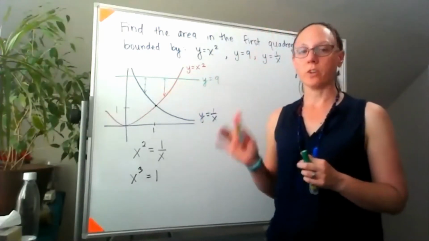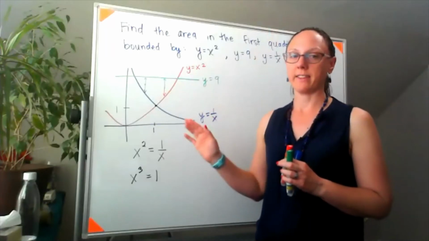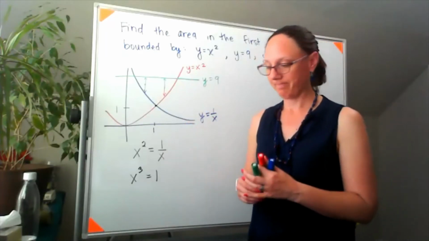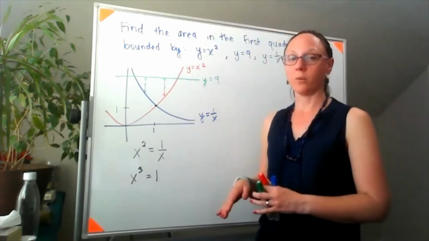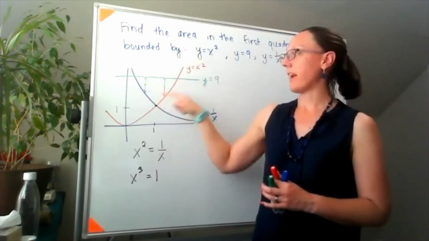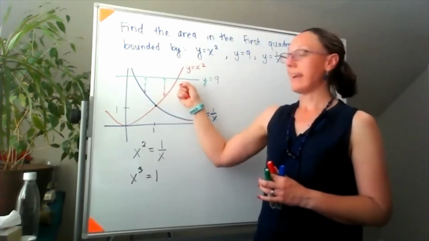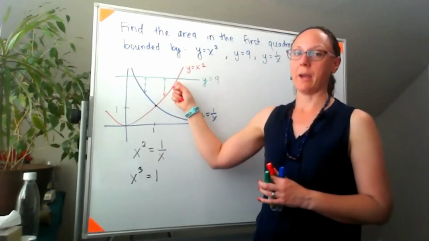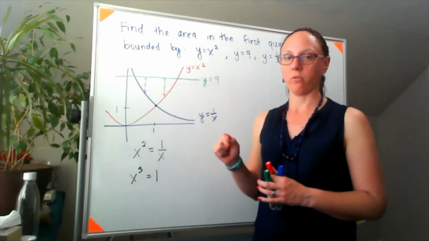So if we do vertical cross sections, we'll have to write this as 2 separate integrals. Alternately, we could switch to horizontal cross sections, because anywhere that I am in the region, my right-hand wall is x squared, and my left-hand wall is 1 over x.